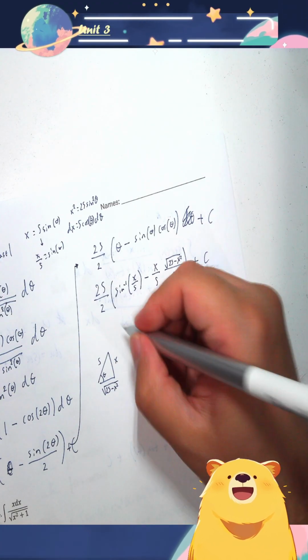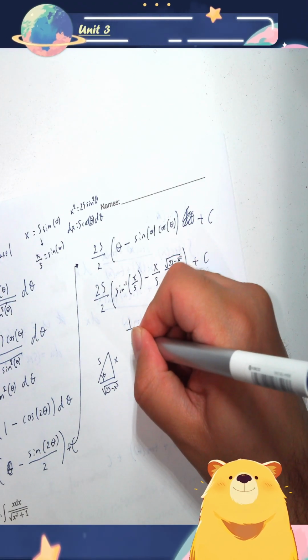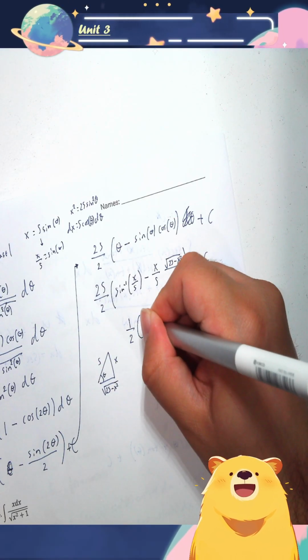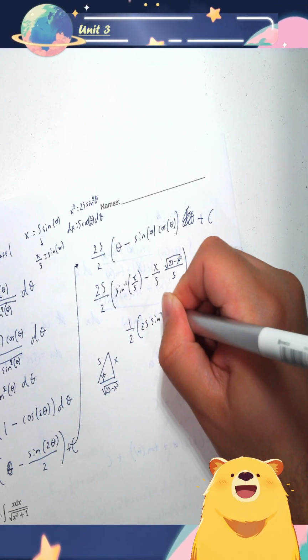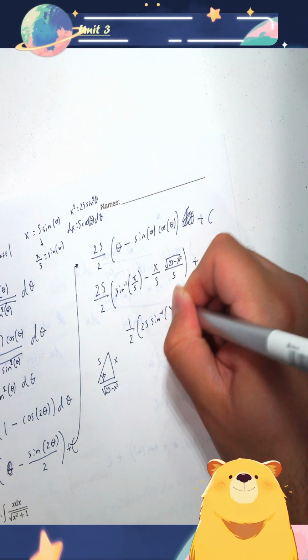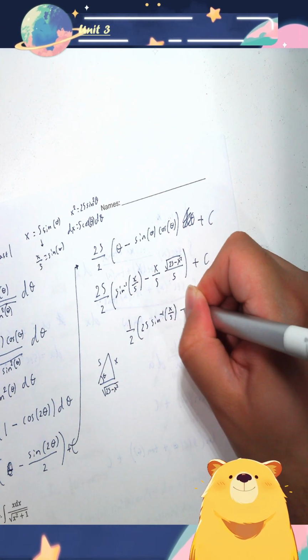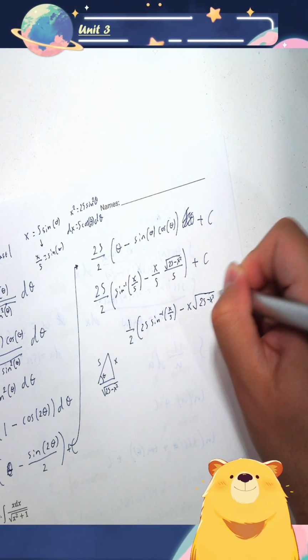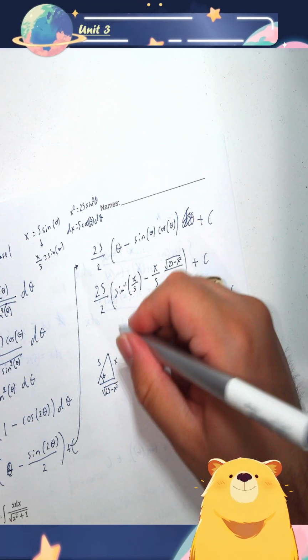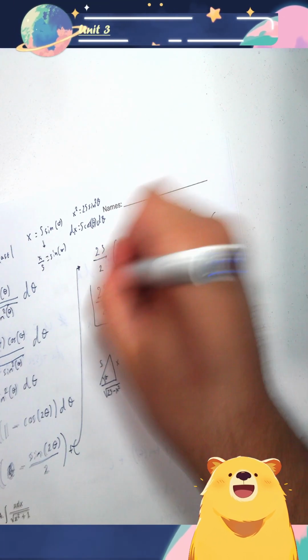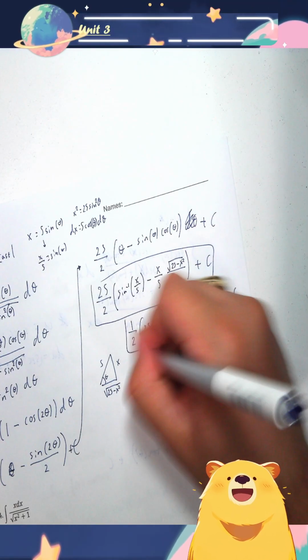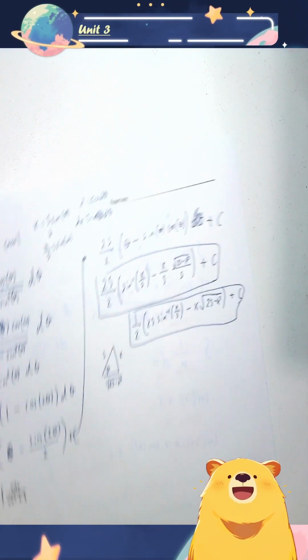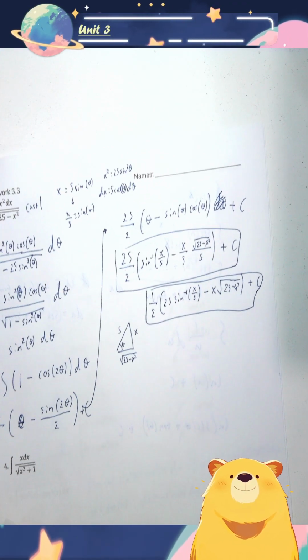From here, it could help a little bit to distribute the 25, but it doesn't help a crazy amount. So I would consider this, after multiplying that, to be the correct answer.